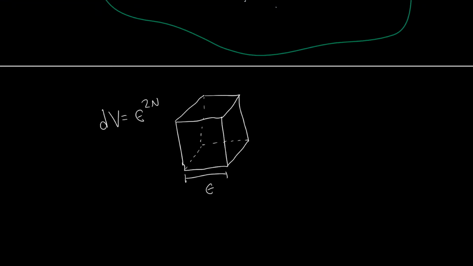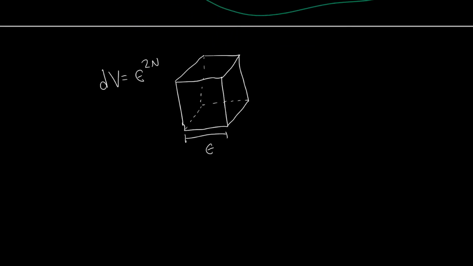Okay, so now I need to look at the flux out of this guy. So we'll say that this guy is centered on the phase space point z naught. Then we can look at the flux through just, say, one of the faces.